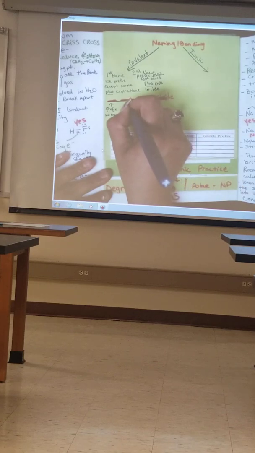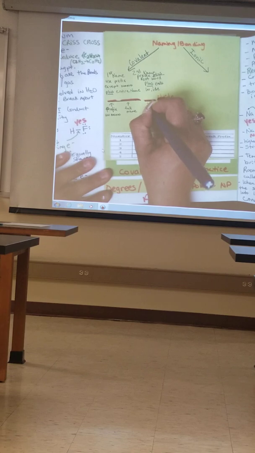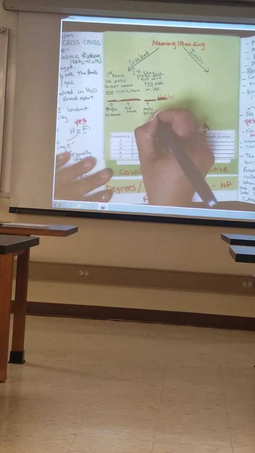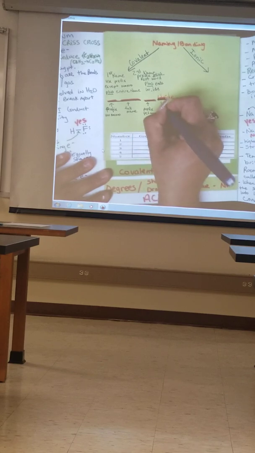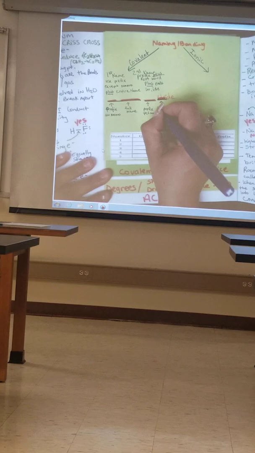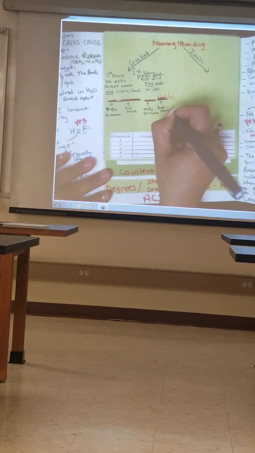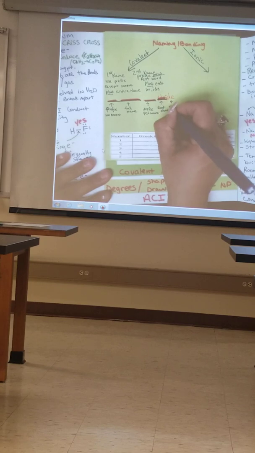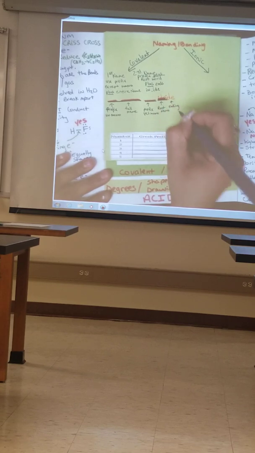This part right here is the full name. This part right here is a prefix, yes mono. This part right here is the root name. And then the last part is the ending, or the suffix.